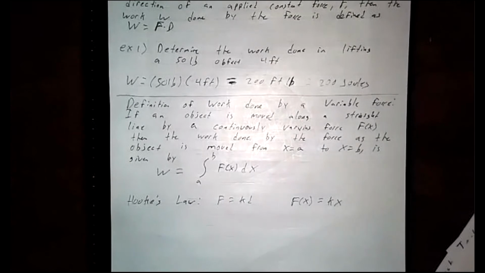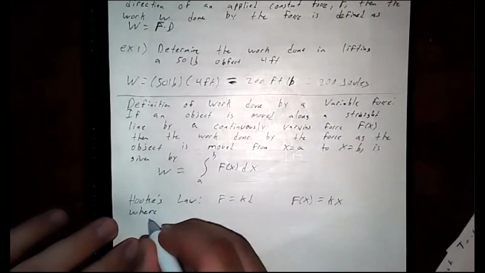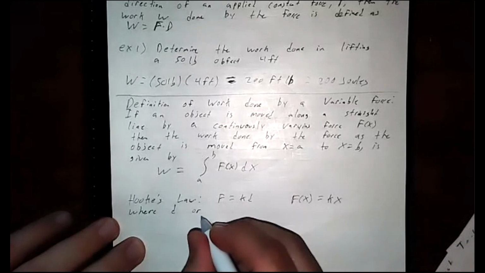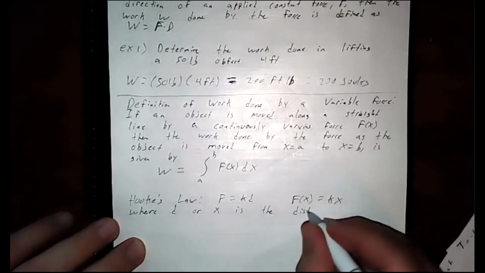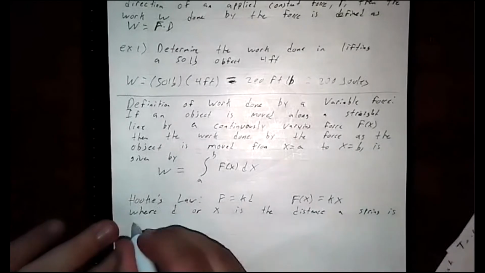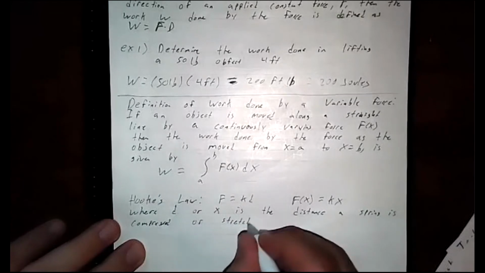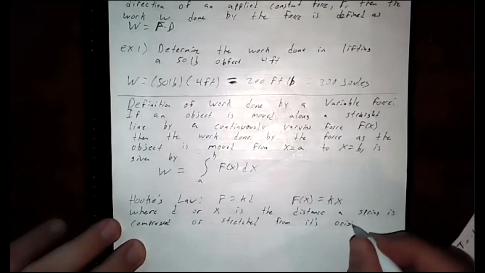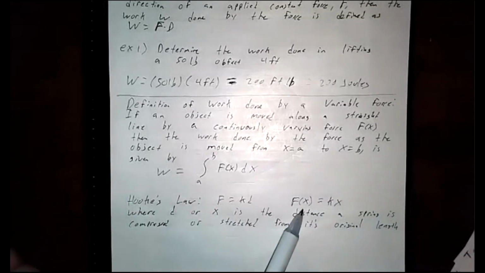Instead of just F, we'll call it F of X. Where D or X is the distance a spring is compressed or stretched from its original length. So that's what X is.